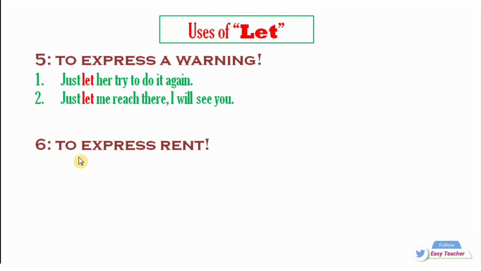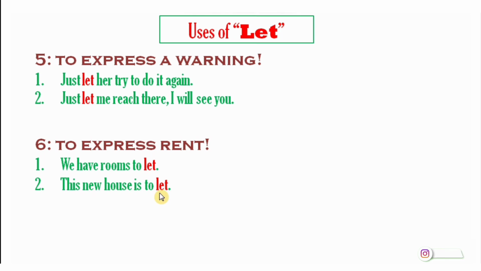The next main use of let is it is used to express rent. For example, we have rooms to let. It means we have rooms for rent. This new house is to let. This new house is for rent.